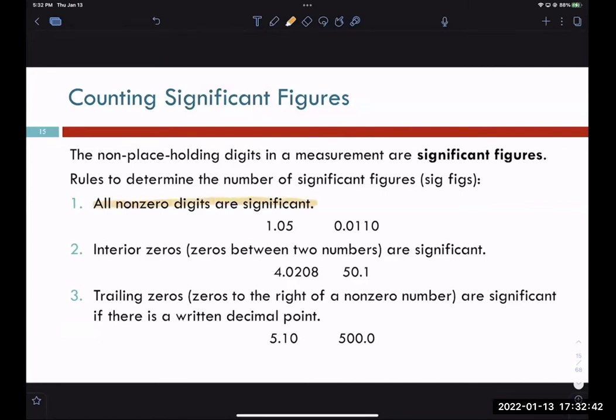So for these numbers here, according to rule number 1, which we'll do in orange here, the 1 and the 5 are significant. And then our second number, both of these 1s are significant. We haven't talked about anything about zeros yet, but any number that's not 0 is significant.